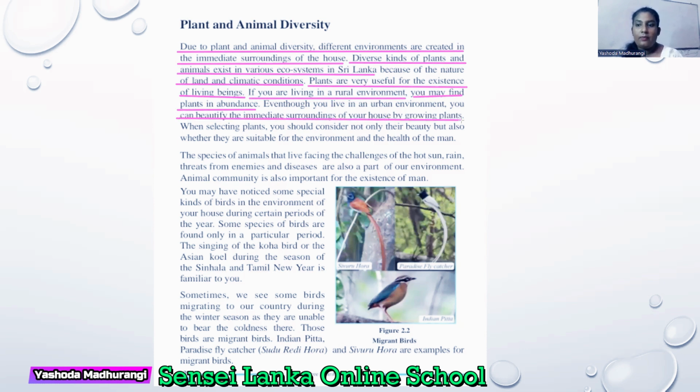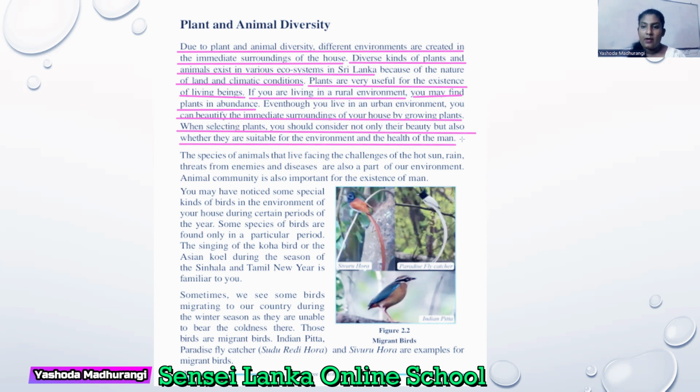There may be no natural plants, but you can grow them in pots. When you select plants, you should consider not only their beauty, but also whether they are suitable for the environment and the health of man.